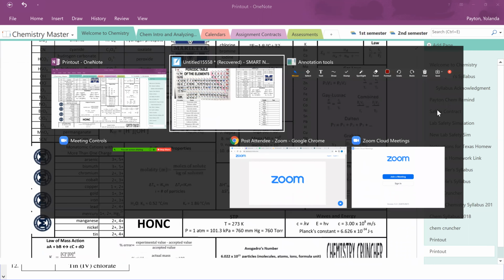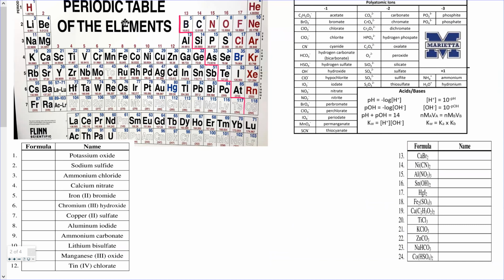All right. So now let's just refocus again and talk about the different ways you can have an ionic compound. Here's how you can have an ionic compound. You can have a metal bonded to a non-metal, which means you need to know where metals are and where non-metals are. You can also have a metal bonded to a polyatomic.